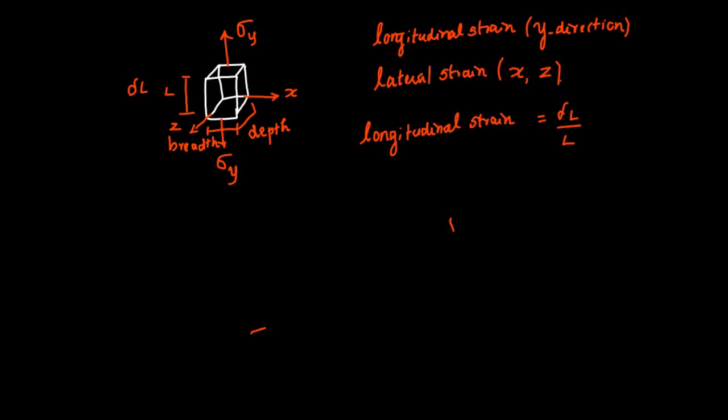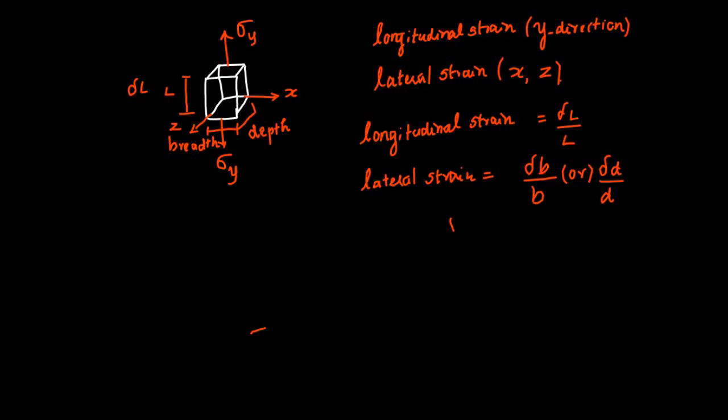So lateral strain is equal to change in breadth divided by original breadth, or you can say it is the change in depth divided by original depth. So these two are lateral strains.